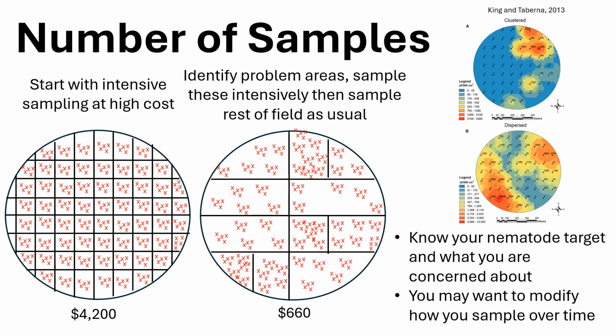And as we mentioned, it's important to know who your nematode target is and what you're concerned about, because different nematodes have different dispersal patterns. Examples of nematodes that tend to be clustered, as you can see in the top image on the right, are root knot nematode and stubby. So they're going to be more clustered, and you're going to be able to control them in those smaller spaces.